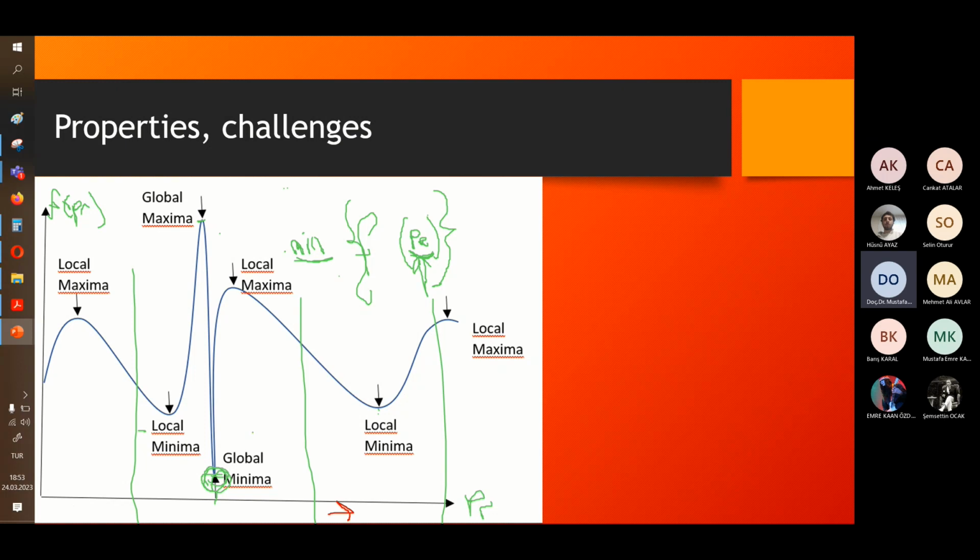So therefore this will be a local minima, but that one will be global minima. If the problem is a maximization, we are looking for the maximum points, and there are some local maximas and global maximas, okay? So usually in an optimization problem, we are looking for the best solution. That best solution is either maximizing the point we are trying to get or minimizing it.